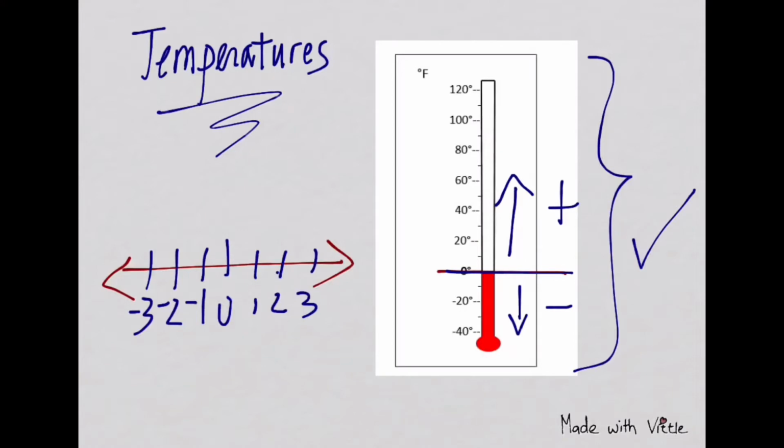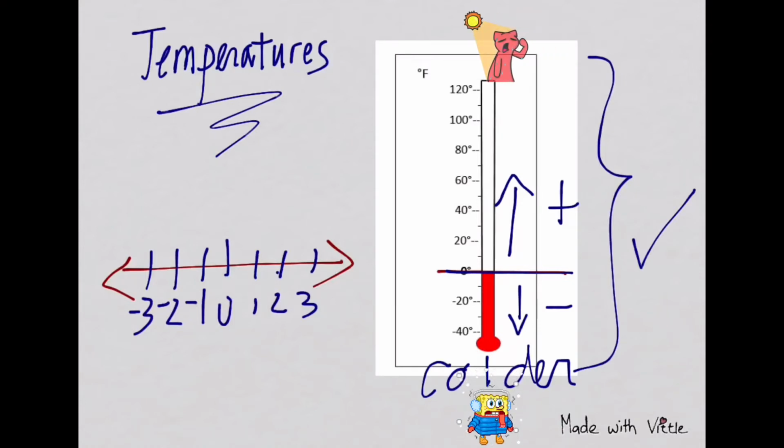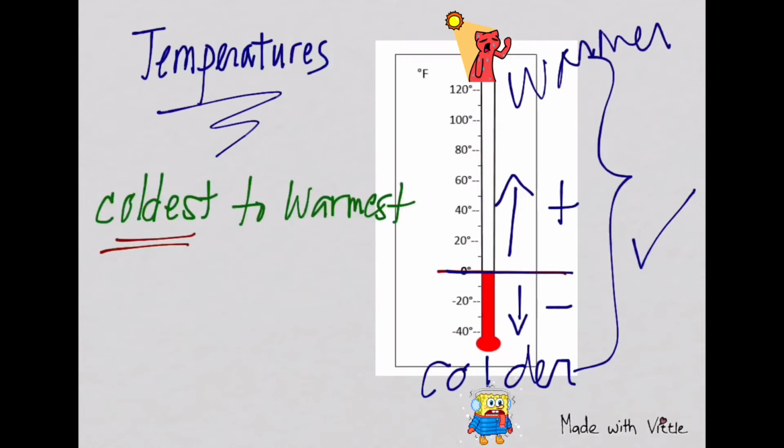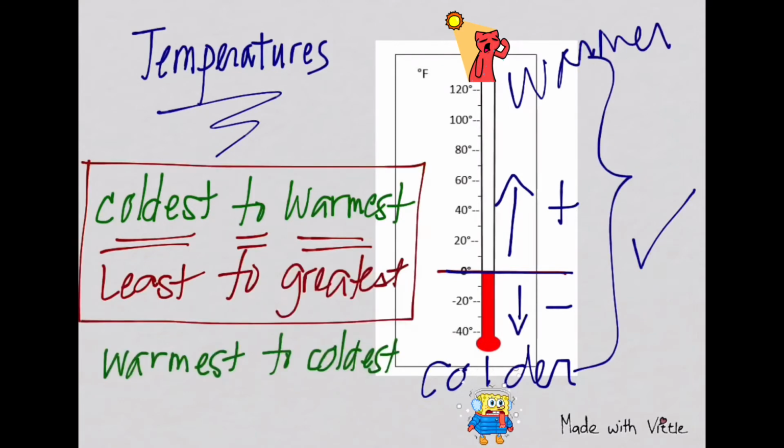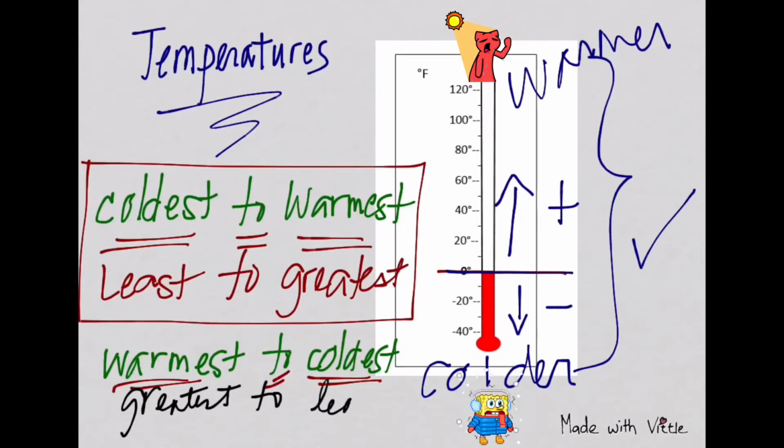Okay? So you know the negative numbers are the ones that are colder temperature, and then the ones above 0 are getting warmer. Okay? So that means coldest to warmest will mean least to greatest. And thus warmest to coldest will mean greatest to least number.